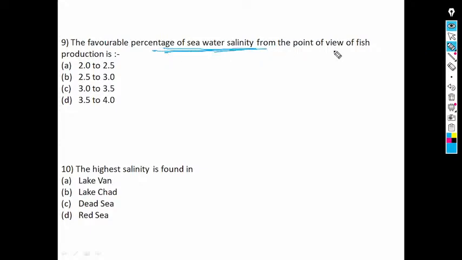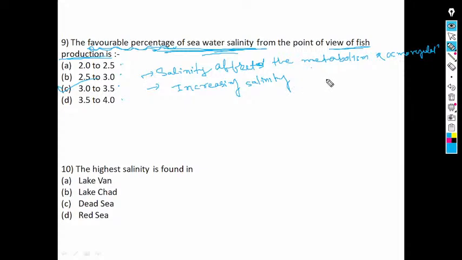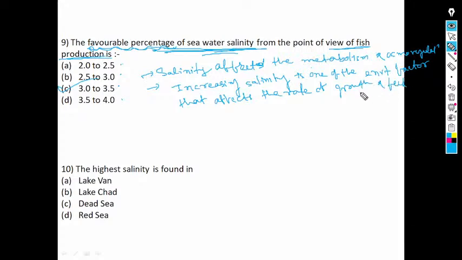From the point of view of fish production, increasing salinity is one of the environmental factors that affects the rate of growth and feed production.